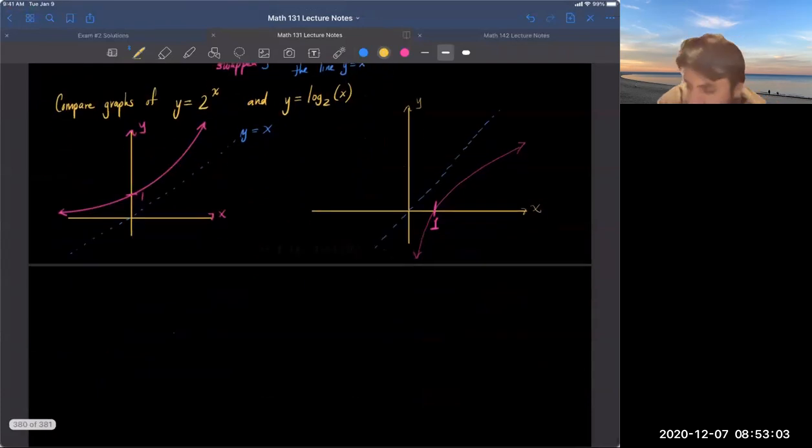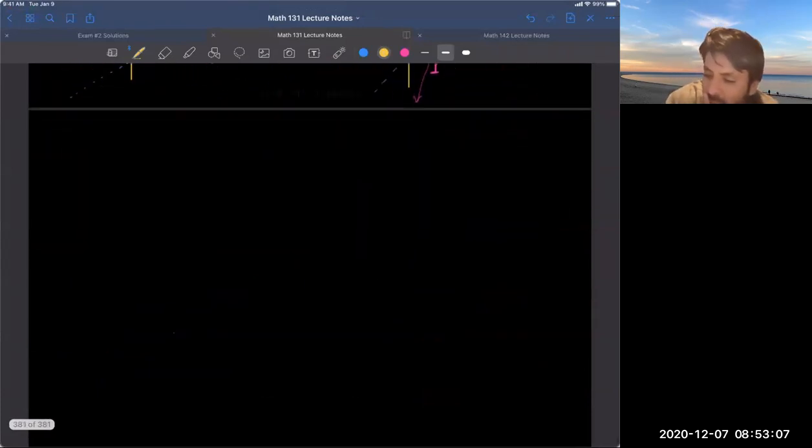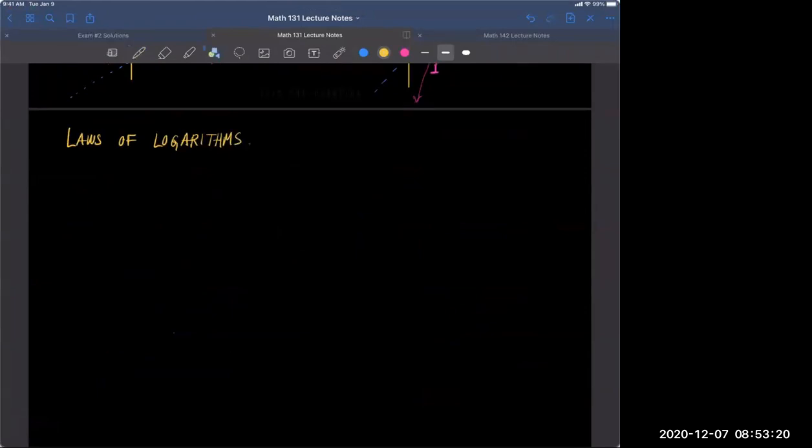Since you've seen this before, what are the laws of logarithms? I don't necessarily remember the laws, but it has to do with how you can rewrite them in different ways.